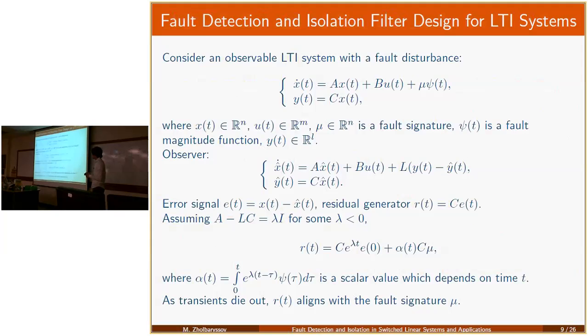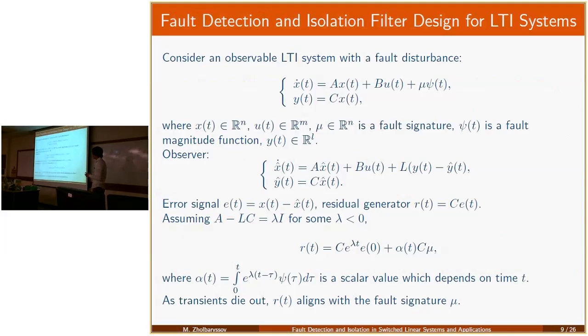Here I will present the main ideas of an observer-based approach. We model faults as additive disturbance inputs to the state space model. Consider an observable LTI system with the fault disturbance, where each fault is described in terms of a fault signature, which is the vector space orientation of the fault, and a fault magnitude function.